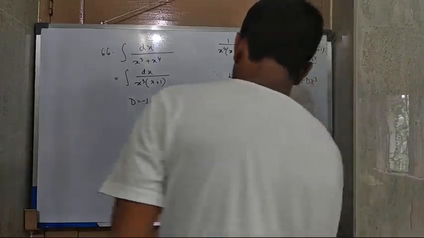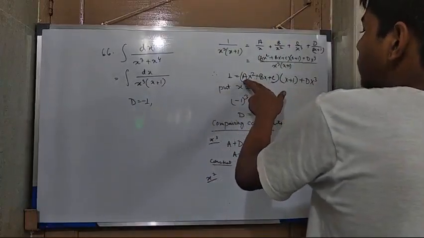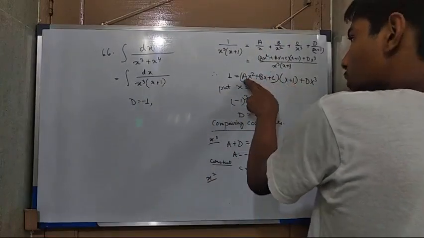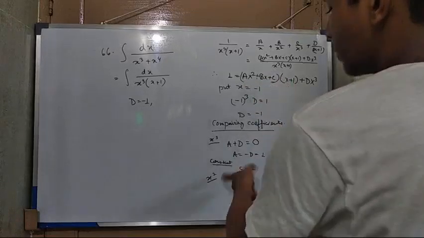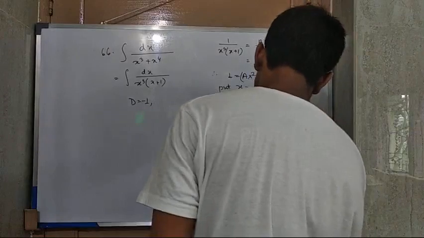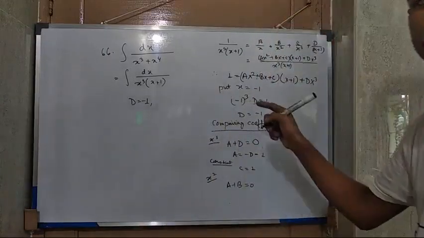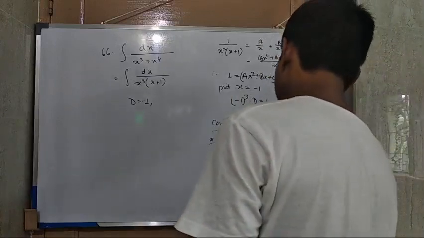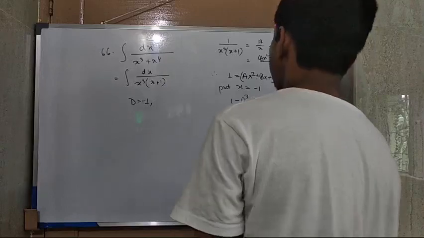So now the coefficient of x squared: ax squared times 1 will give an x squared, and bx times x will give an x squared. So the coefficient of x squared is a plus b, which is 0, because on the left hand side there is no x squared. So that means b is equal to minus a, which is minus 1.